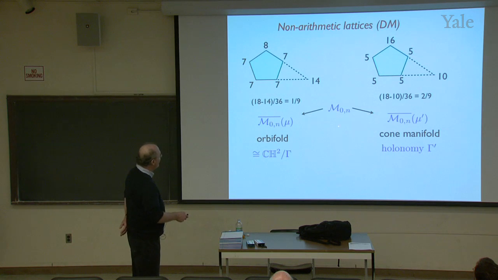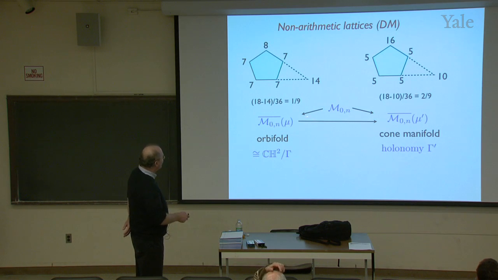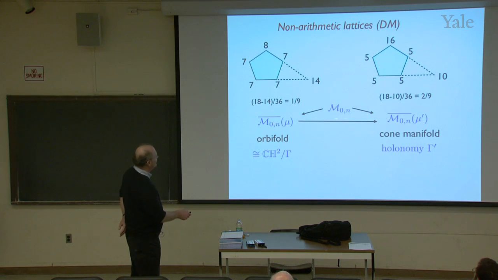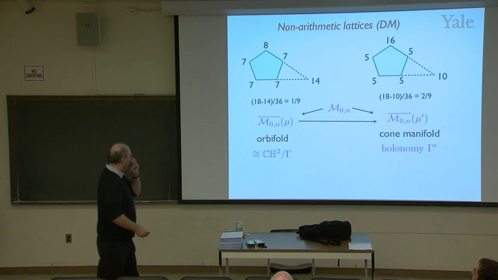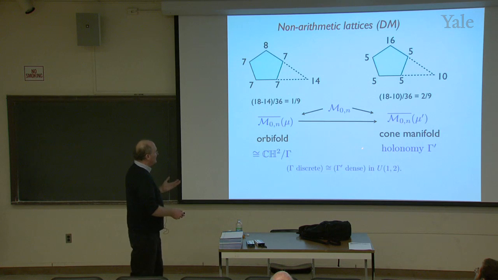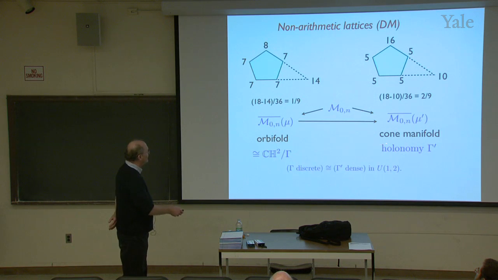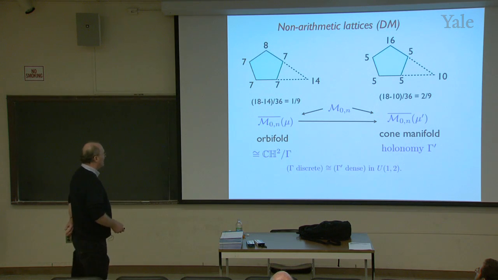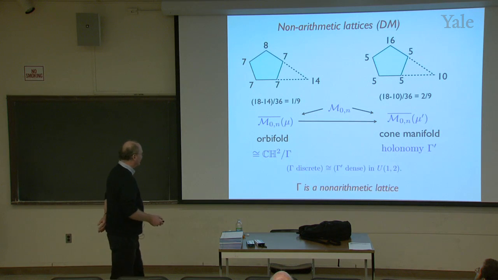But they're both obtained by compactifying the moduli space of 5 points on the sphere. And so because of that, it turns out there's a holomorphic map from this orbifold to this cone manifold. And an invariant of that map is its volume contraction, which is again, simply a ratio of Euler characteristics.